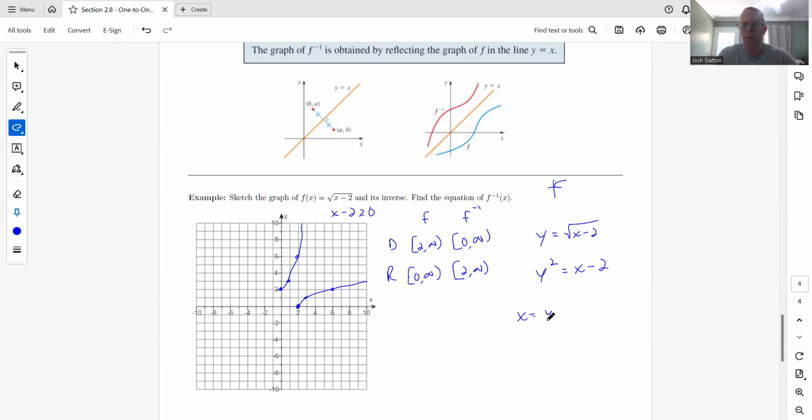And so we get x equals y squared plus 2, or let's say f inverse equals x squared plus 2. So really all we're doing from here to here is switching the x and the y. And if you remember from the transformation section, the plus 2 moves x squared up 2, and then of course we only have half because of how this one is. And you can see symmetric around that line y equals x.